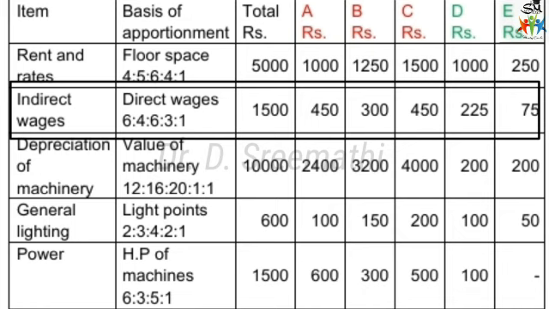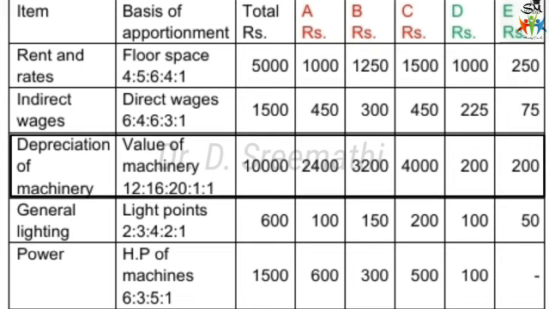Total wages is 10,000, so again we have to divide in the ratio 6:4:6:3:1. So 1,500 is divided as 450, then 300, then 450, then 225, then 75. This is how we have to divide it.